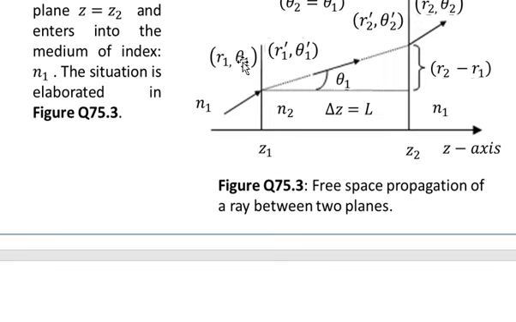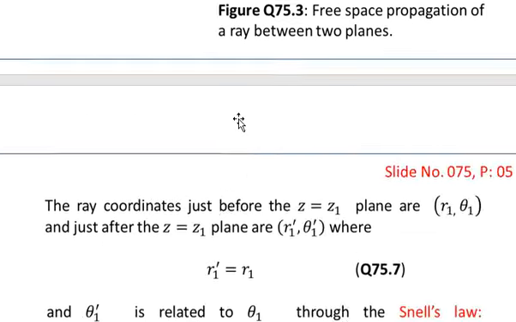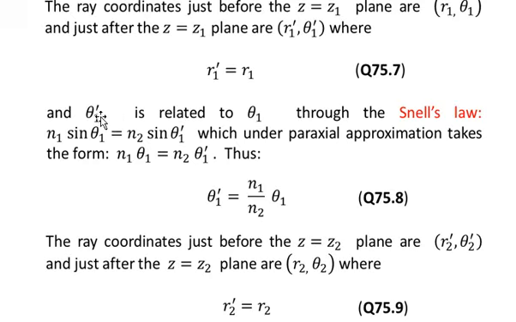But theta 1 prime is related to theta 1 through Snell's law, which is n1 sin theta 1 equal to n2 sin theta 1 prime, which under the paraxial approximation takes the form n1 theta 1 equal to n2 theta 1 prime, and we can write theta 1 prime equal to n1 over n2 into theta 1.